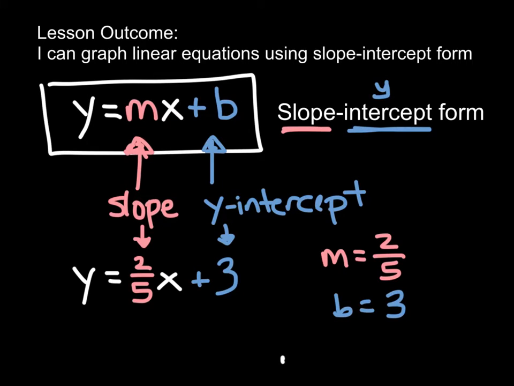So if it helps, you can think of b equals 3 means the same as (0, 3). So b equals 3 means a y-intercept is at 3, which means 0 on the x-axis, 3 on the y-axis. So you can keep that in mind.